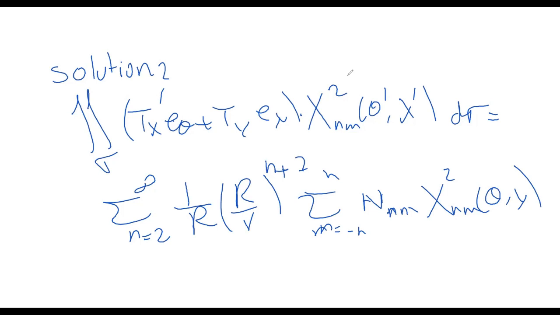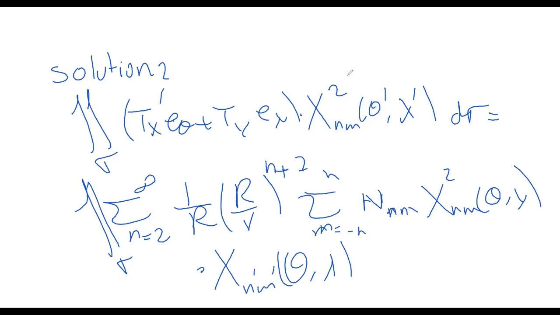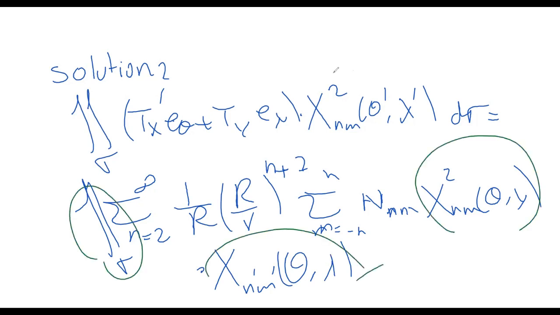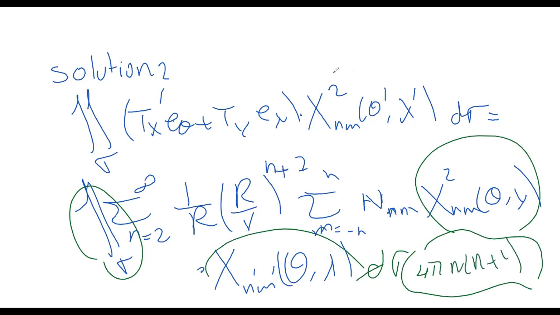So multiplied by, of course we have an integral behind as well, over theta and lambda, and this time the integral with these two will be equal to 4 pi over n m+1 delta nn.